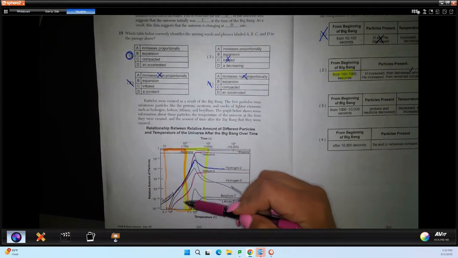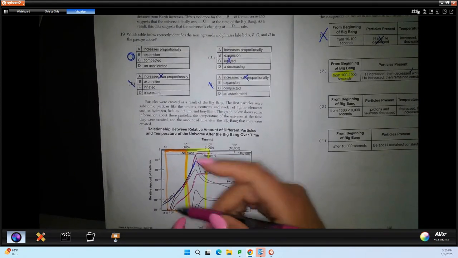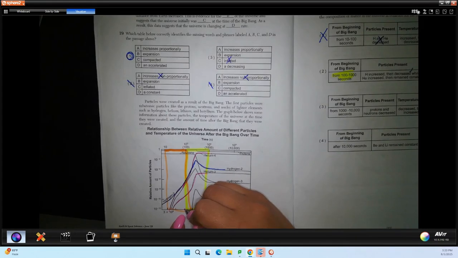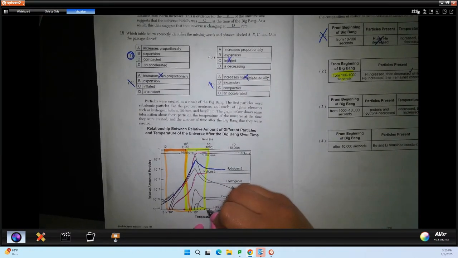Okay, so it's telling me my temperature decreased over that time period. So temperature is on the bottom here. So if I look in my yellow section, my temperature started here and it ended about here. So it moved from just before 1 times 10 to the 9 towards 3 times 10 to the 8.